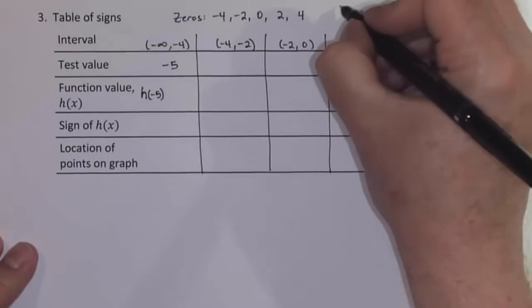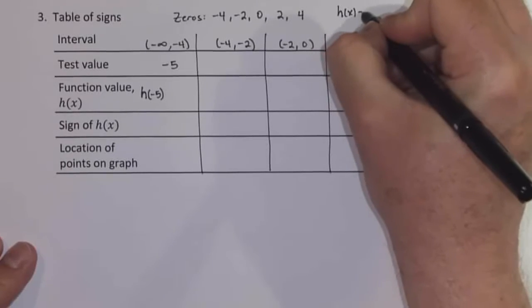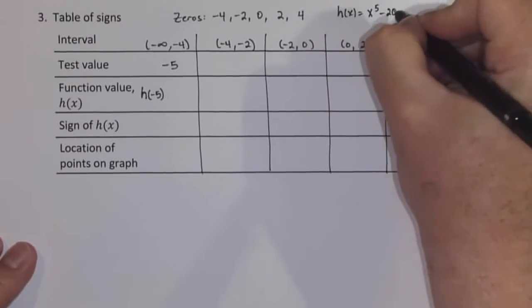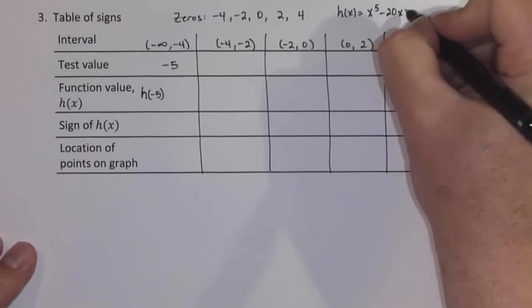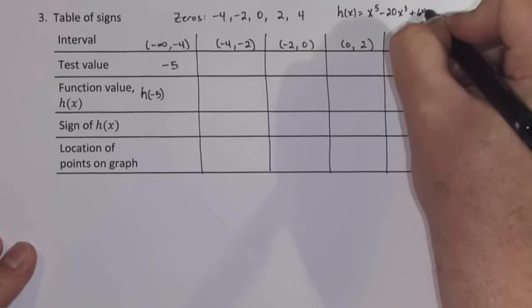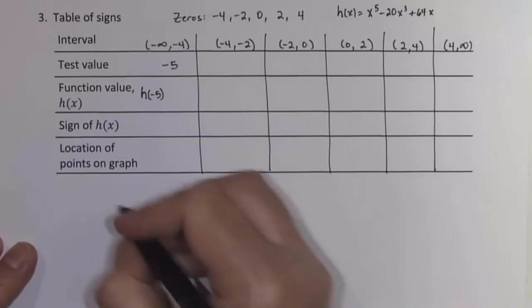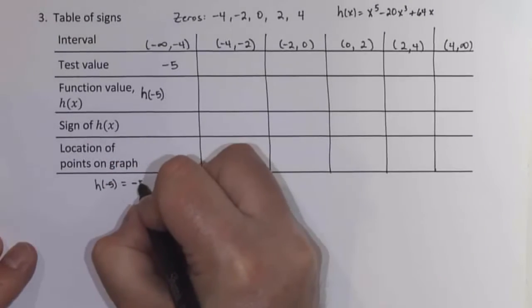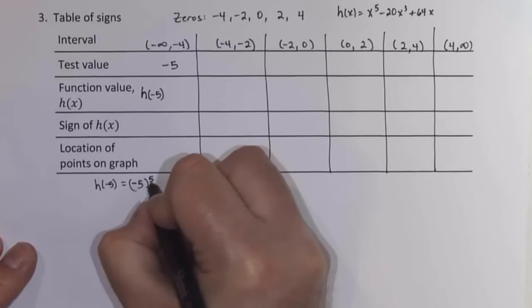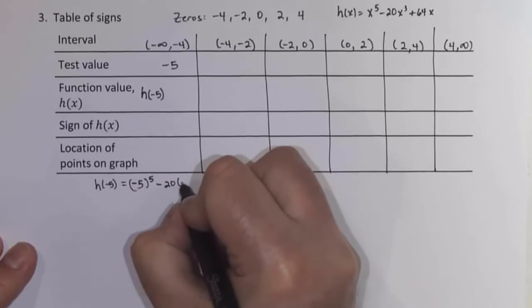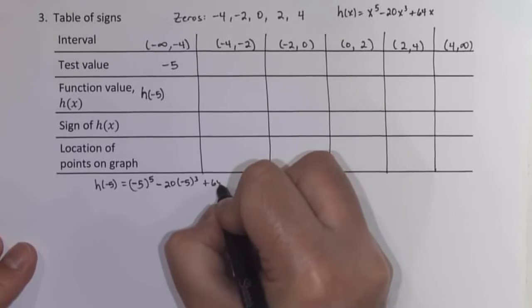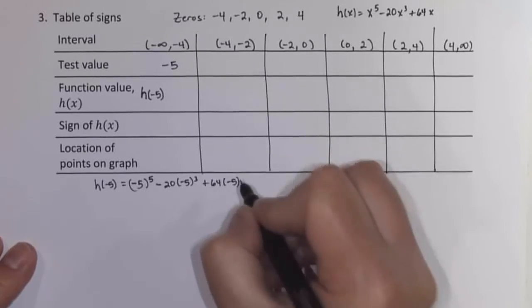Now remember, our function is h of x equals x to the 5th power minus 20x cubed plus 64x. So if I find h of negative 5, that is going to be negative 5 to the 5th power minus 20 times negative 5 cubed plus 64 times negative 5.